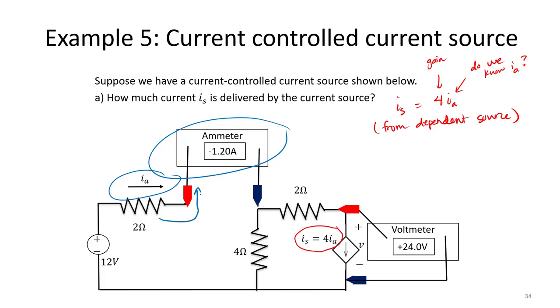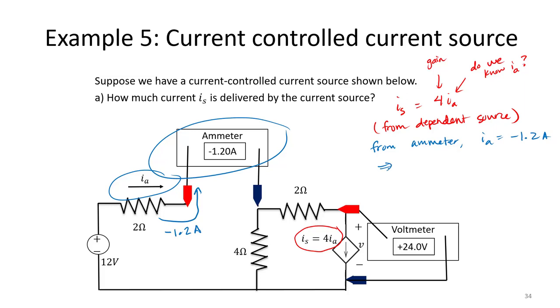Well, IA is entering, and we know that we have negative 1.2 amps. So what can we say about IA? From the ammeter, we can say that IA is negative 1.2 amperes.